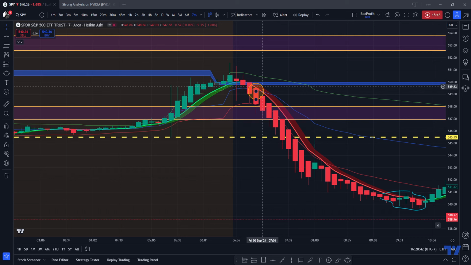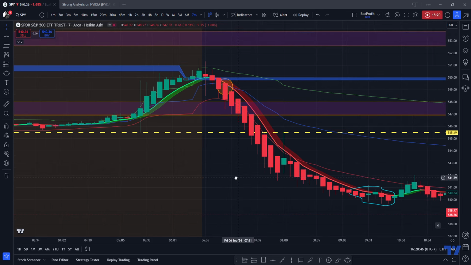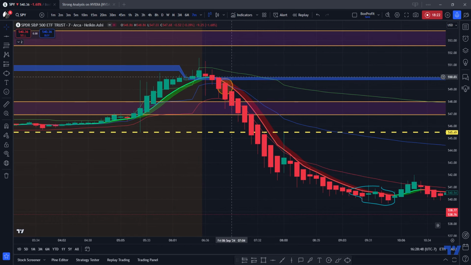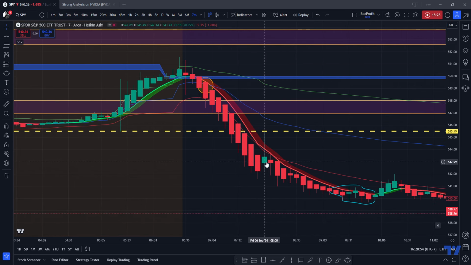I had it already marked. That came right here, because I use the 7-minute, and stayed in a trade for a little bit. I know this was quite a scary pullback, but that was where the stop loss was. Almost got booted out, but did not get booted out.